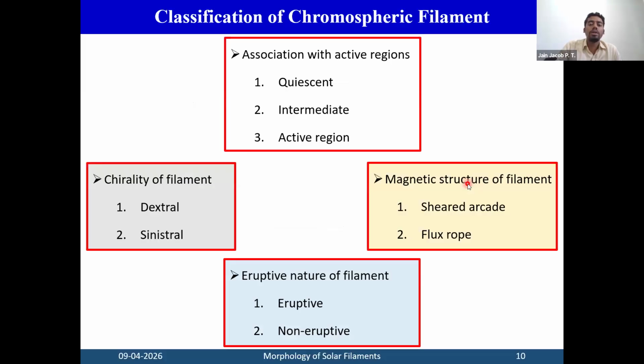According to association with the active region, we can classify the filaments into three: quiescent, intermediate, and active region. According to chirality, we can classify them into dextral and sinistral chirality filaments. According to the magnetic structure, we can classify them into sheared arcade and flux rope morphology filaments. According to eruptive nature, a filament can be eruptive or non-eruptive.